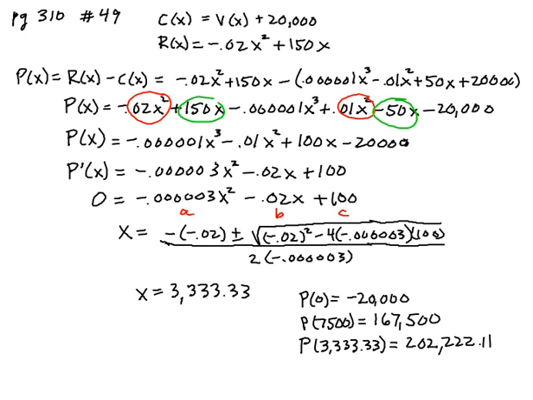So the largest maximum amount of profit would be at a production of 3,333 or 34 pagers. The profit would be $202,222.11, and it would occur at that amount. The absolute minimum, of course, would be not making any pagers at all.